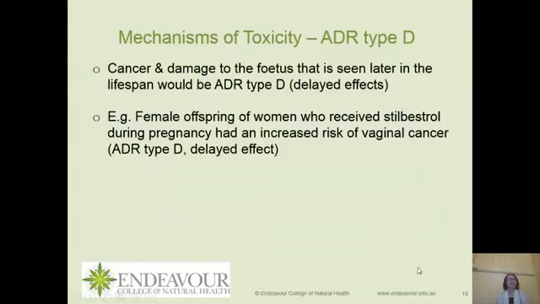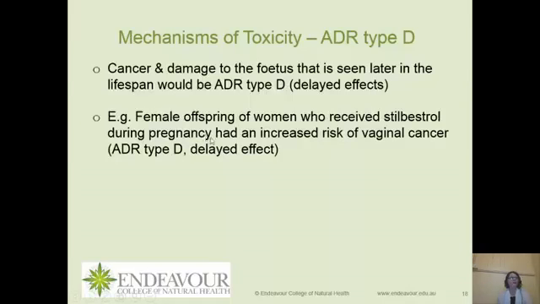And so some of these other effects, and why we're calling them delayed effects, we've used here as our example diethylstilbestrol. Stilbestrol was shown quite clearly in population studies to have this type D delayed effect.